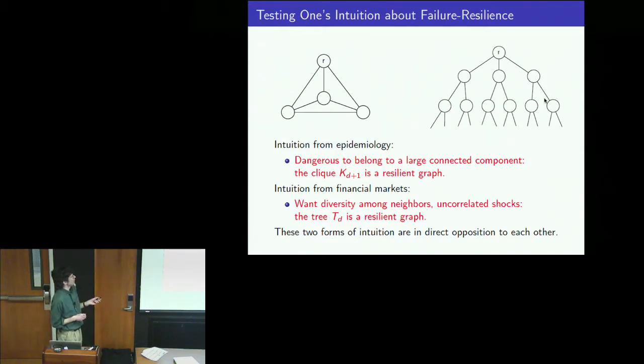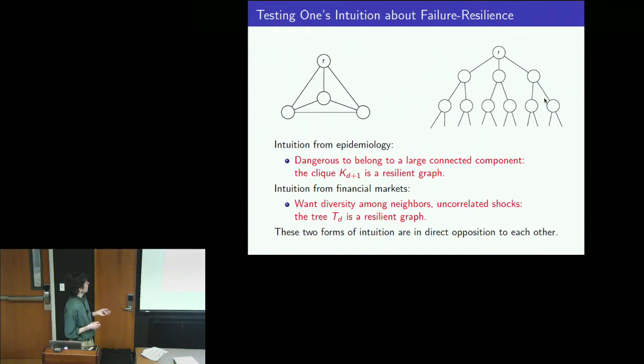If they're all low probability events, what's the chance you're going to get hit separately from 2 of them? So his worry about cliques is that you get correlated shocks. OK, nice intuition. First of all, the 2 intuitions are directly in opposition to each other. And we also thought, it all sounds fine, but we don't think that's actually going to happen.